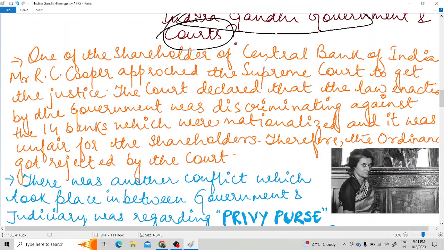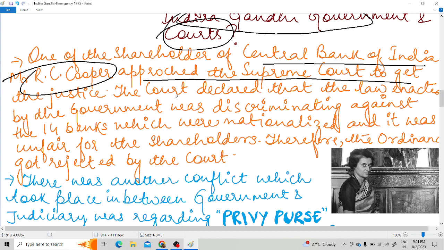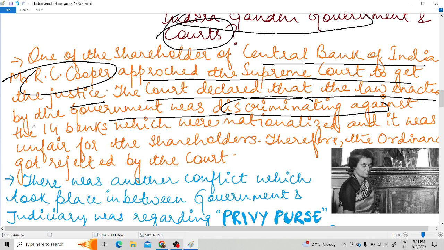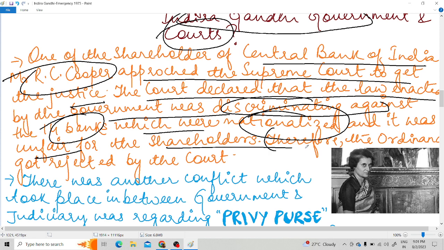One of the shareholders of Central Bank of India, Mr. R.C. Cooper, approached the Supreme Court to get justice. The court declared that the law enacted by the government was discriminating against the 14 banks which were nationalized, and it was unfair for the shareholders. Therefore, the ordinance was rejected by the court.